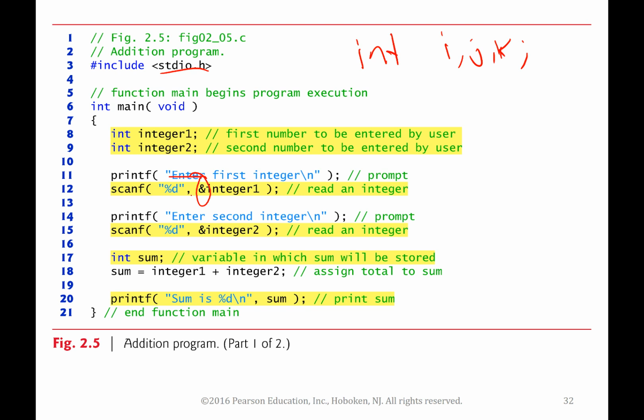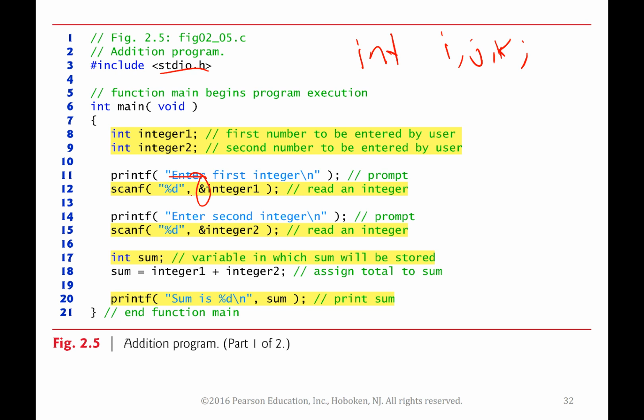So, scanf is a much more complicated command than printf. Now, printf, we'll find later on at the end of this program, also gets a little messier. But what we've got here is our scanf. First, we have to tell it in a format string what type of data we're going to receive.